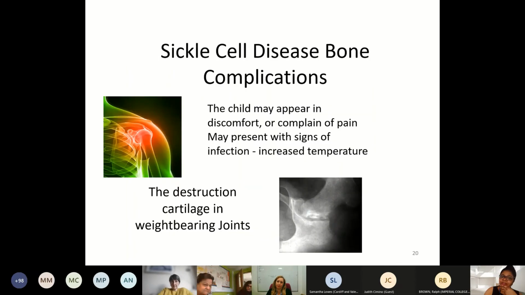Right, okay, so these are the disease complications of the bones. Sickling can happen in the large bones. There's a picture at the bottom that shows destroyed cartilage in the joints from sickling in the bones.